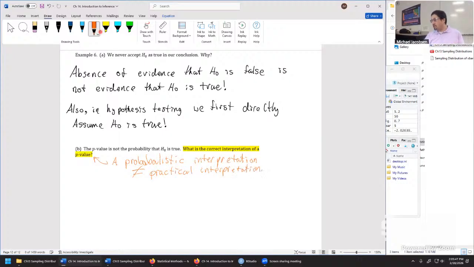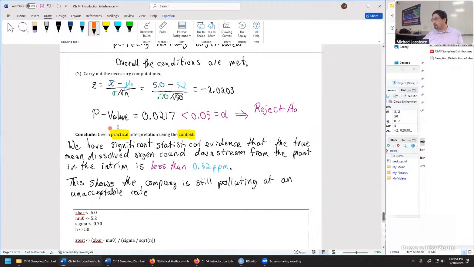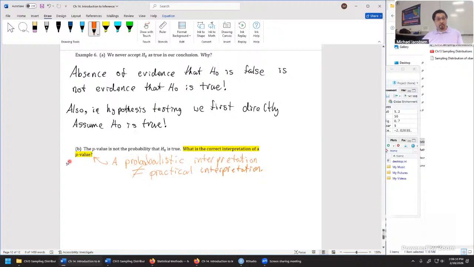Whenever we do a hypothesis test, pretty much the last step is going to ask you to provide a practical interpretation using the context. A statement that anyone's going to understand because there's no specialized language, no p-value, no mu less than 5.22 mu naught value, just ordinary language. The practical interpretation here is not the same as interpreting the p-value. That's a whole other thing.